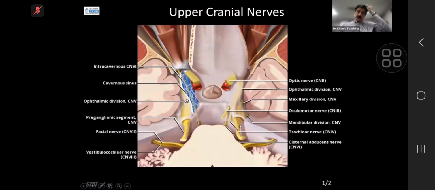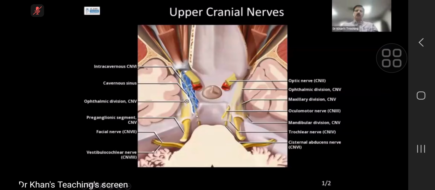So I repeat, the fifth nerve goes into the Meckel's cave, two branches, V1 and V2 go into the cavernous sinus. V3 goes through the foramen ovale into the masticator space. Now, the sixth nerve passes through the sphenoid bone and goes into the cavernous sinus, and of course goes into the orbit.